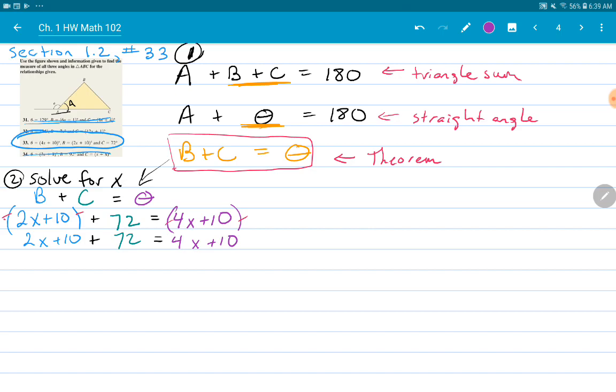Okay, then it's a matter of combining my like terms and solving for x. So to get my like terms together, I think it's easier to subtract the smaller number from the bigger. So I'm going to take away 2x from both sides. So I'm left with 2x on the right and no x's on the left.